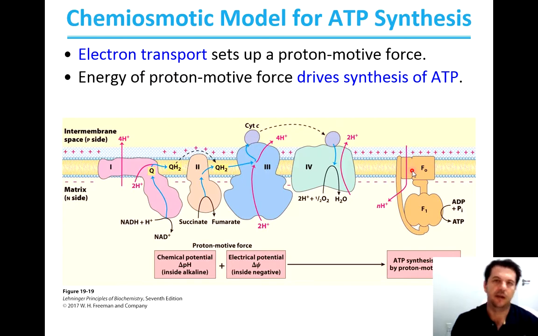This mechanism is very dynamic. We call this the chemiosmotic model for ATP synthesis, which is very similar between chloroplast and mitochondria. This model supports the synthesis of ATP.